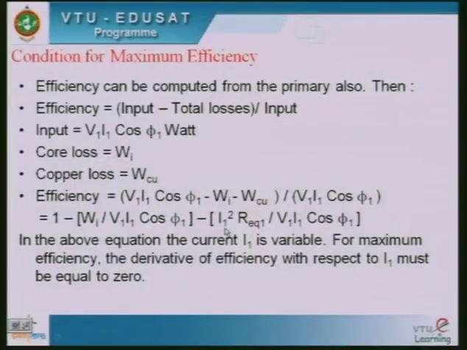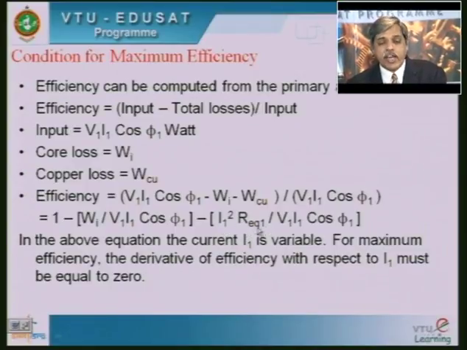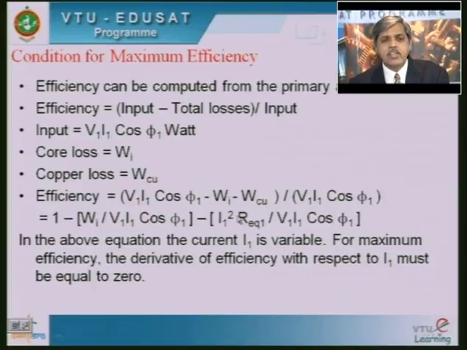If I measure it from the secondary side, then I write it as I2 square, the secondary current, R equivalent 2, okay. There is a simple relationship between the transformation ratio K, primary resistance R1 and the secondary resistance R2 to write down this equation.